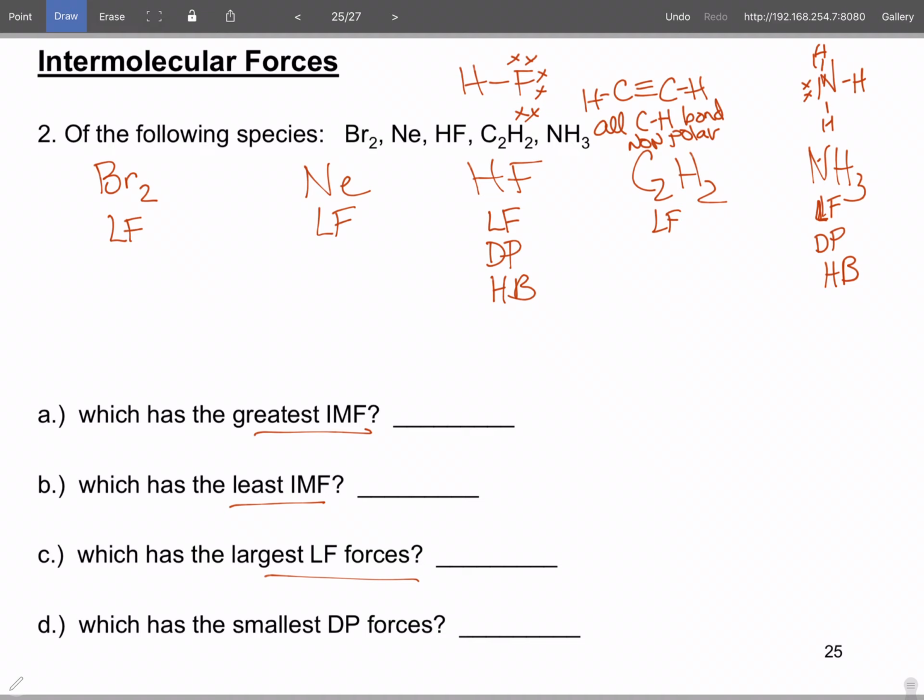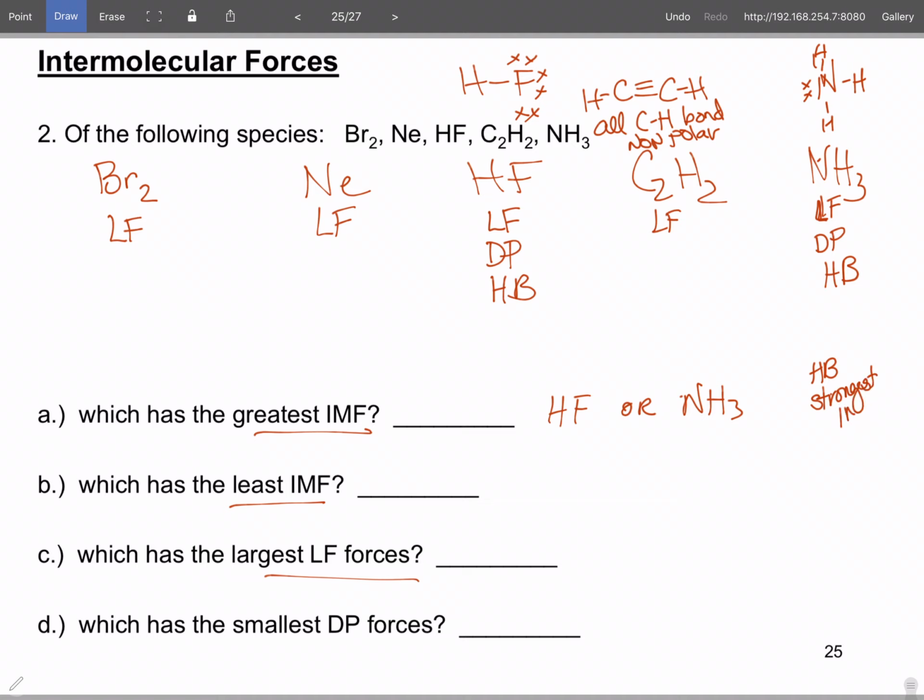Okay, so then that begs the question, which one has the greatest intermolecular forces? So we have HF and we have NH3. So if we said which has large intermolecular forces, both of them would qualify, but we said which one has the greatest. Well, we talked about the fact that hydrogen bonding is the strongest of all your intermolecular forces.